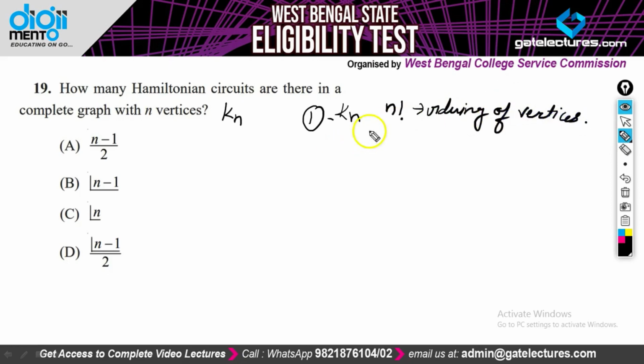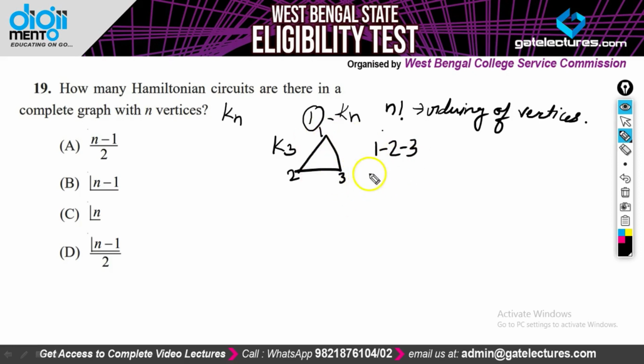We can begin from anywhere, but for example it is K3, right? Complete graph with 3 vertices. So if I begin from 1 and then 2 and then 3 and have to reach again 1, 1 2 3, the same graph we will get.